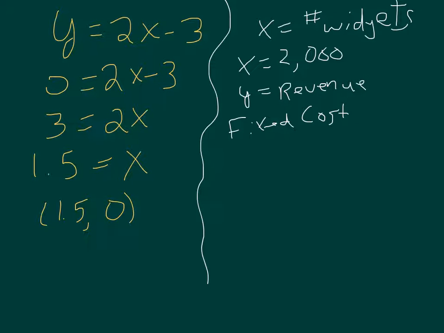In this case, the domain, which is the number of widgets possible, is 0 to 2,000. We could have not made anything all the way up through 2,000. Okay, and actually these should be brackets because you can be at 0 and 2,000.